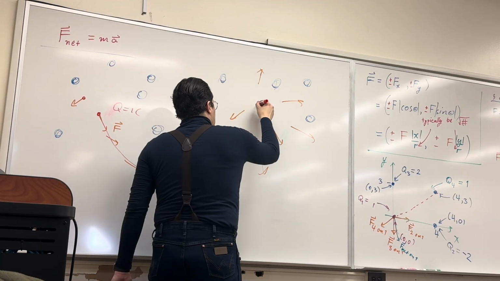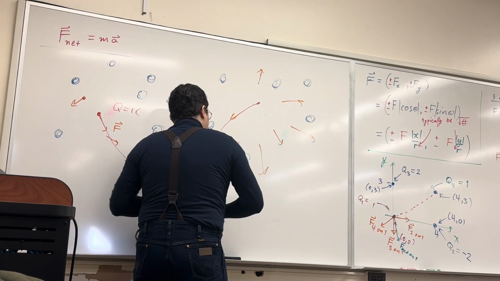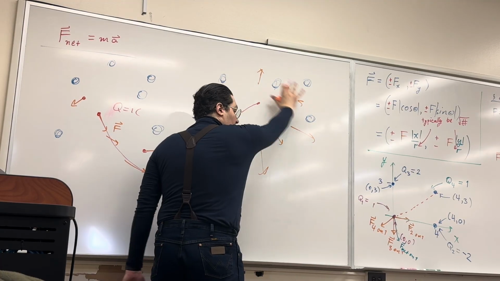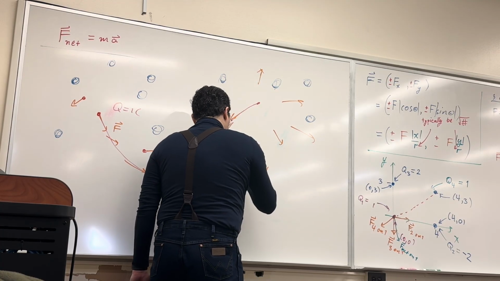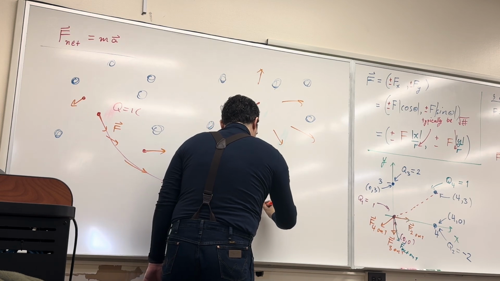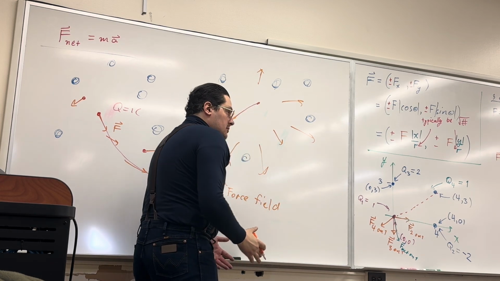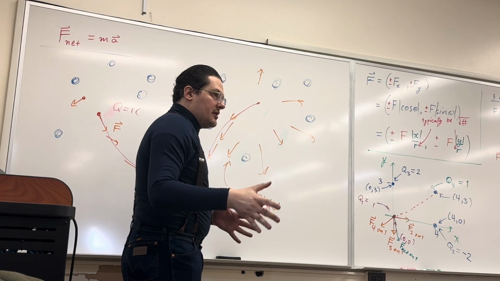And then you can connect a bunch of these together. This is called a force field. This is a field of forces. A force field is a function on space such that there is a direction associated with every single point in space.